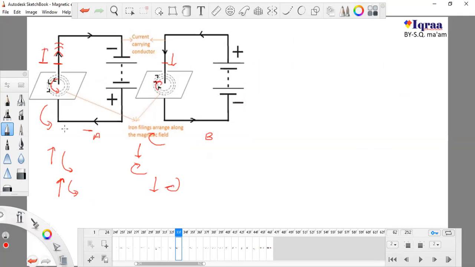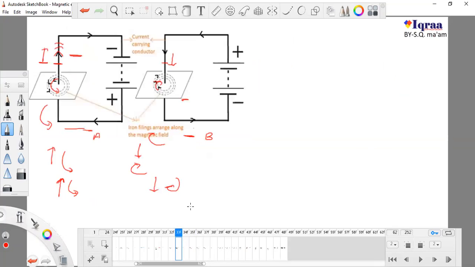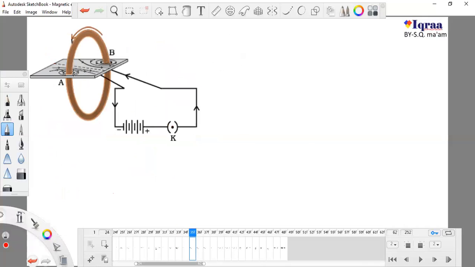These are two separate experiments, and in this case we are merging the two. It is the same experiment, A or B, but they were separate, and here we just merged them.